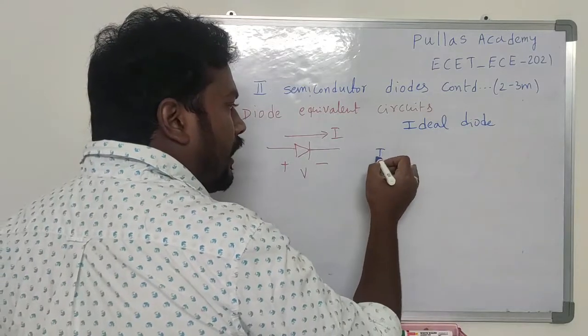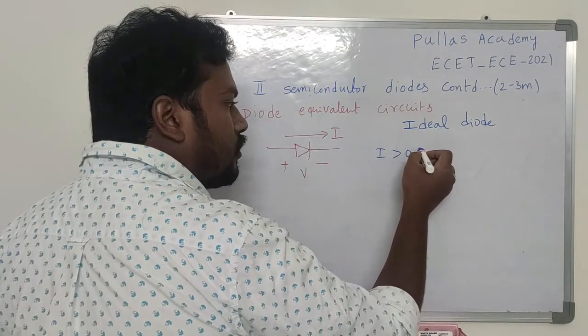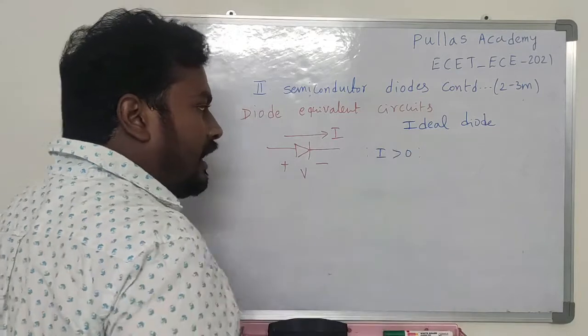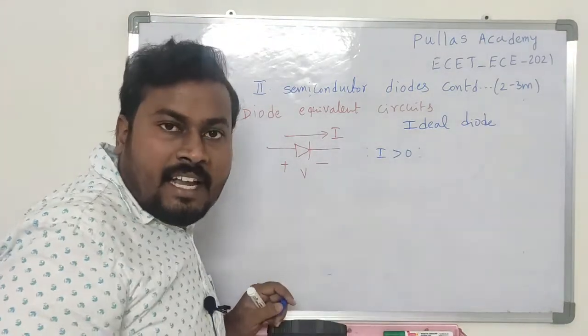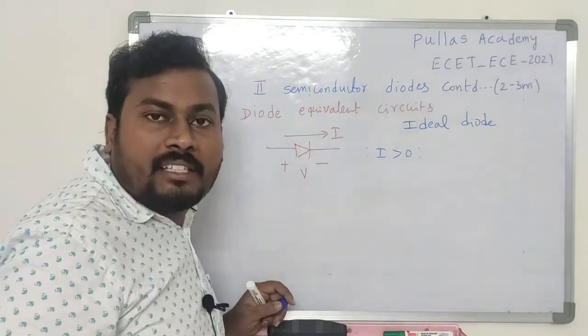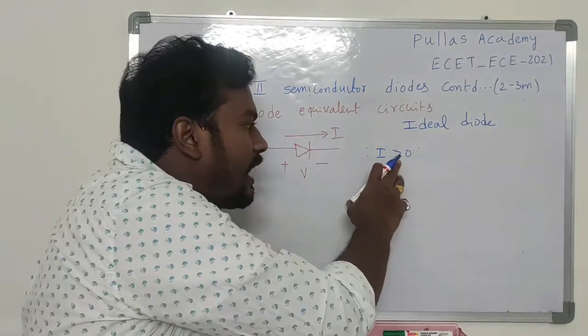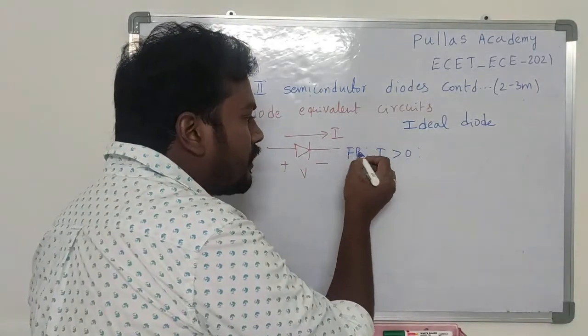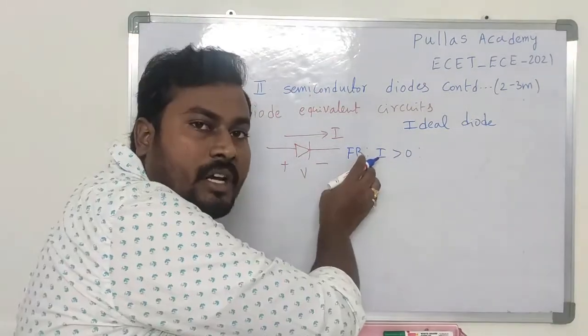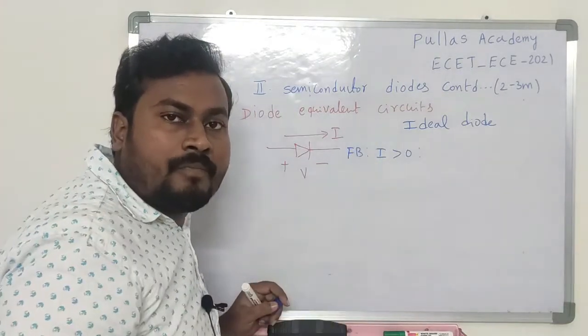the current through the diode is greater than 0. When current through the diode is greater than 0, it means that the diode is under forward bias. FB stands for forward bias.